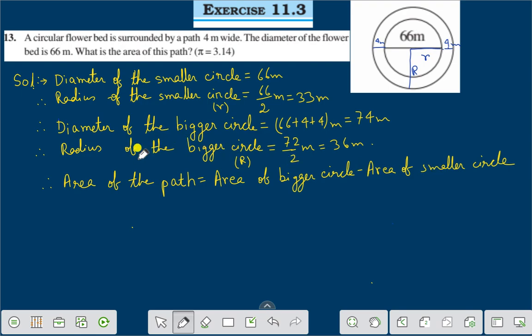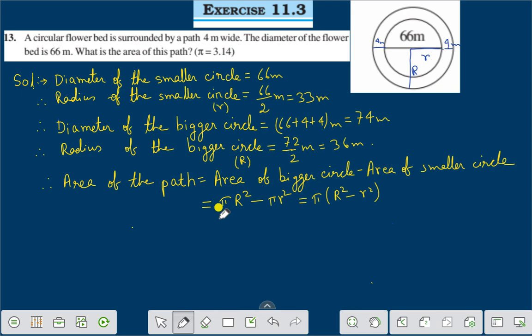Now if we take the radius as bigger capital R, therefore area of bigger circle will be pi R square, and minus area of smaller circle will be pi small r square. So if we take pi as common, then we can get pi into capital R square minus small r square.